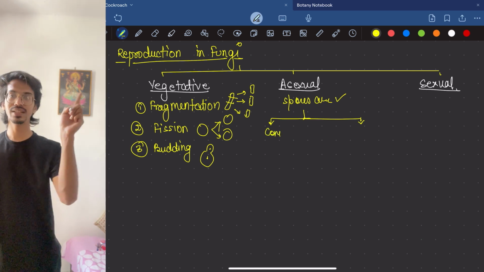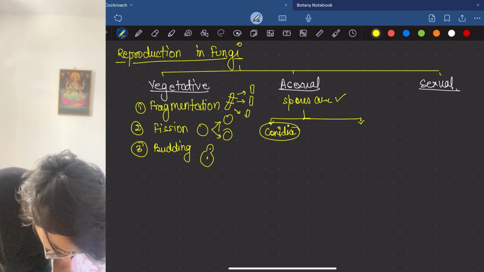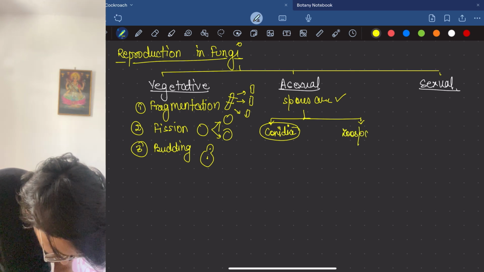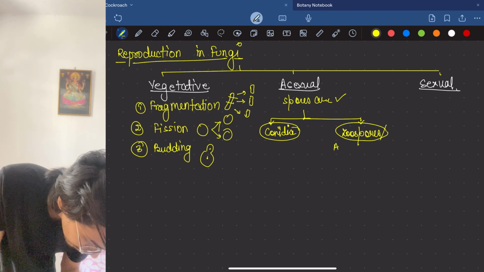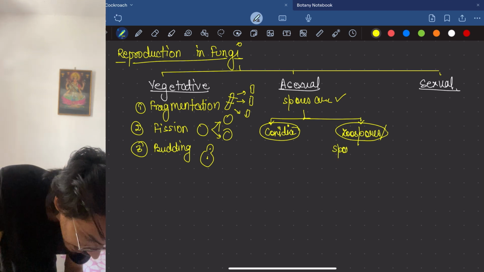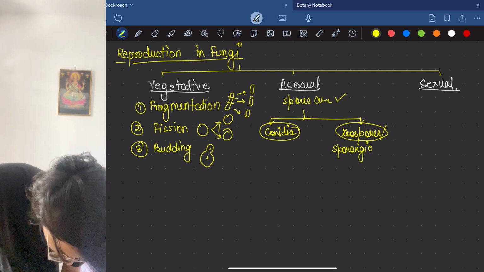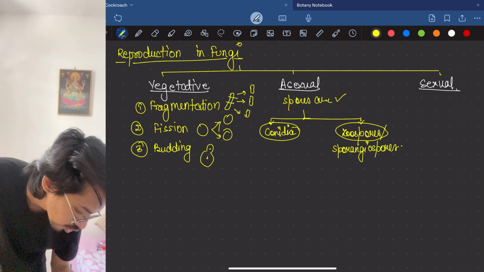Two major types are present in the asexual one. What are these spores? One is conidia. Another one is the zoospores. Now remember one thing. Zoospores are also called sporangiospores.